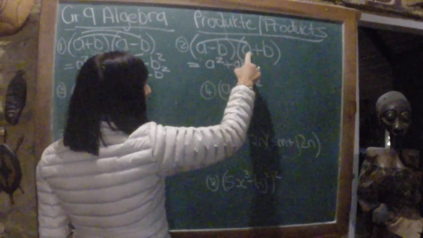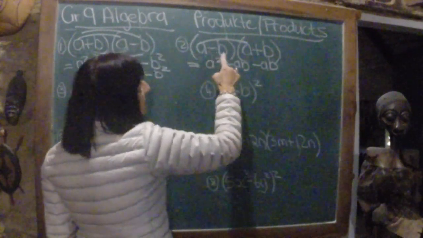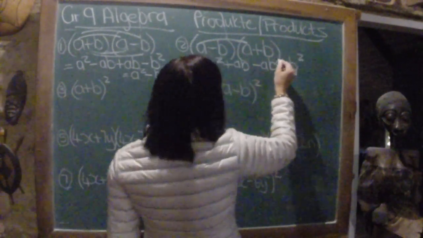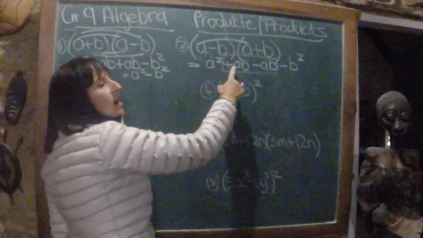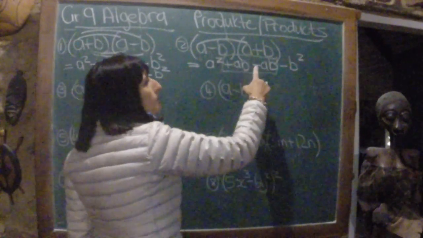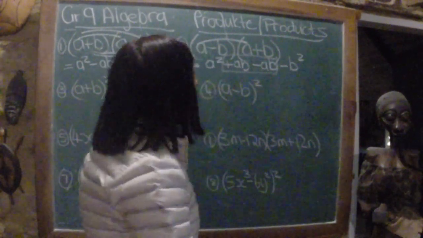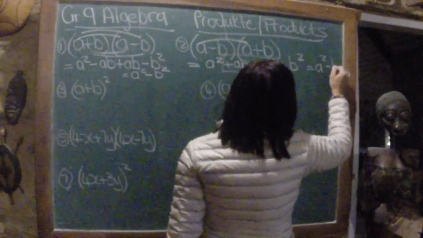Minus B times A minus AB. Minus B times B minus B squared. Daardie 2 eet mekaar weer op. Dis plus 'n appel banana minus 'n appel banana and it's goners. So what's left? The difference between 2 squares.